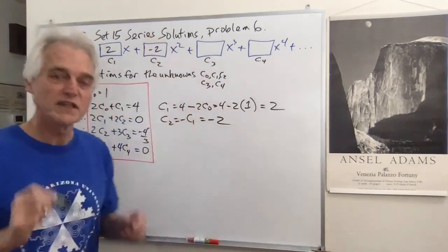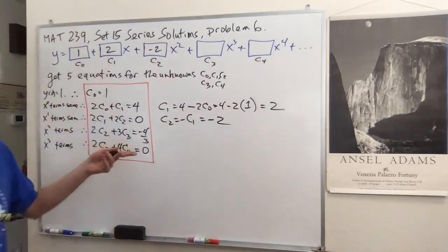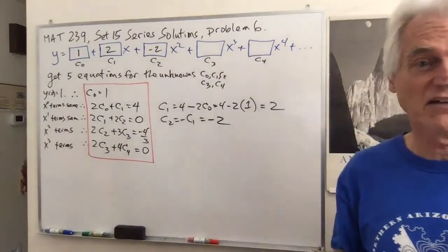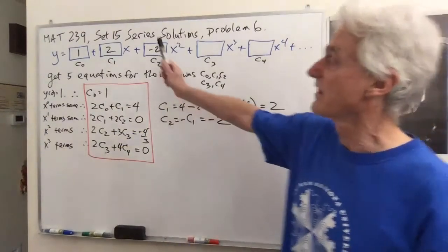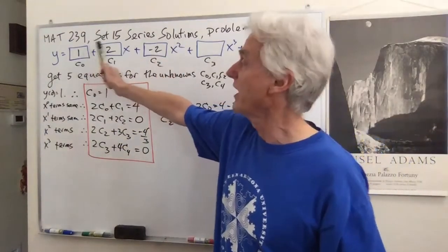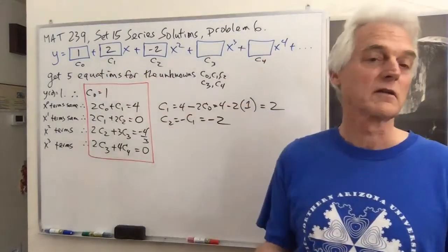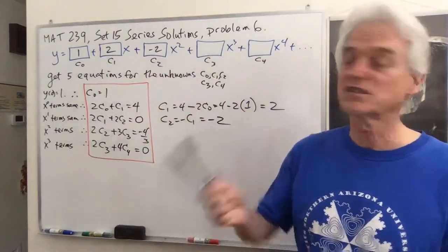Okay. So at this point, before I get into something a little bit grosser with fractions and stuff, I suggest that you try the first few terms in WebWork, hit the button to check it and see if you got it right.